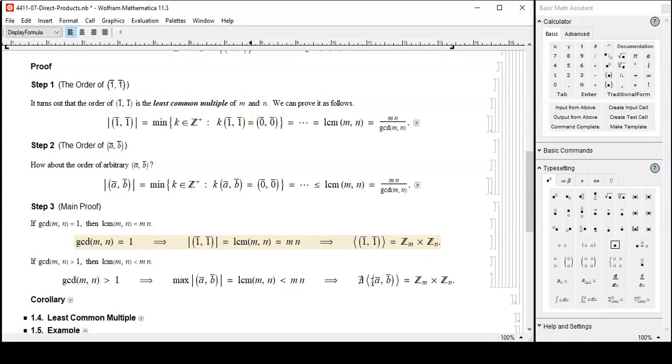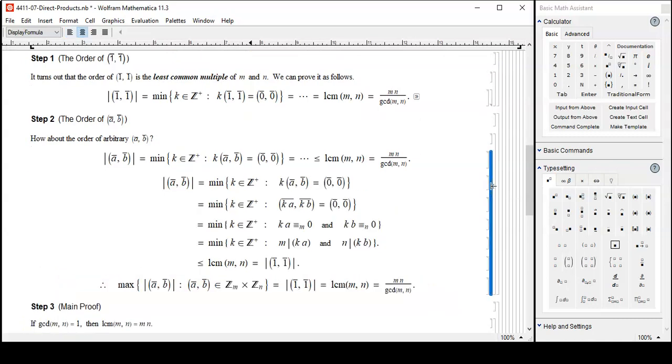Now what if GCD is not 1? It's greater than 1. In that case, LCM is strictly less than MN. Consequently, the (1, 1) case is the maximal case, right? Remember that the order of (1, 1) is actually the maximum order.